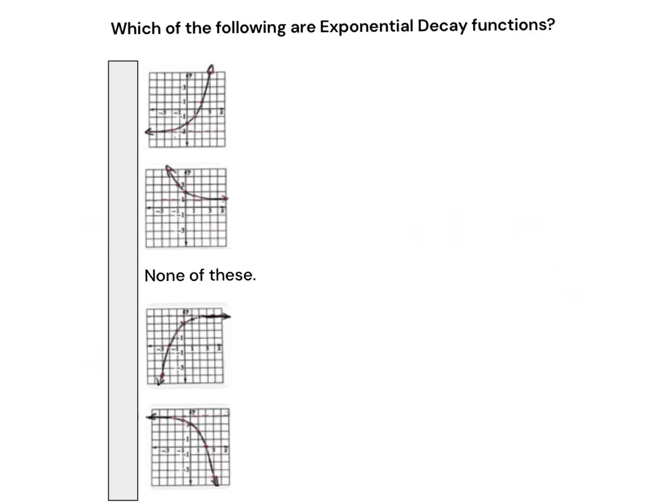Which of the following are exponential decay functions? Well, the key word is distance. Distance, okay? And you also need to know that you look at graphs the way you read a sentence, from left to right, okay? So if you're looking at each graph from left to right, and you look at the distance from the graph to the asymptote, it looks like the graph is touching the asymptote, and from left to right, the distance is growing.